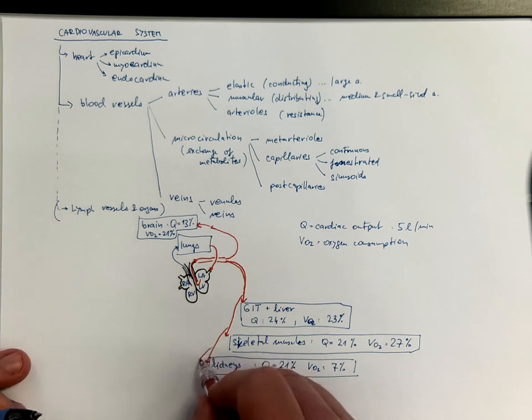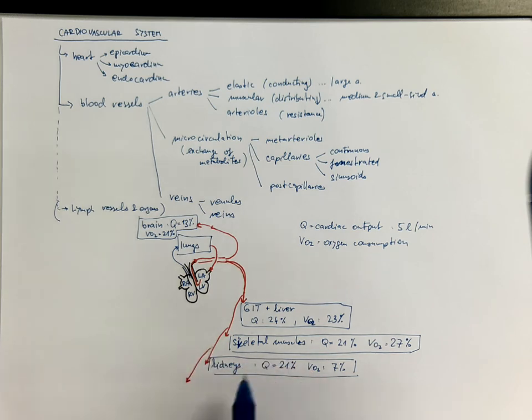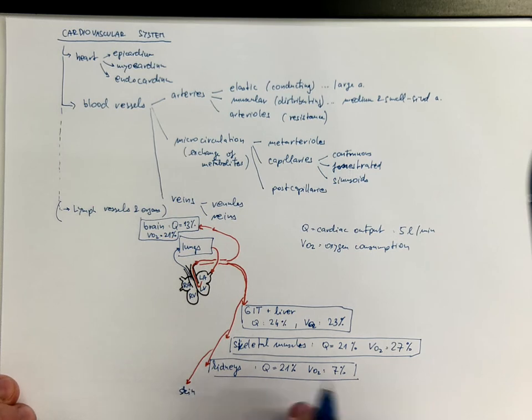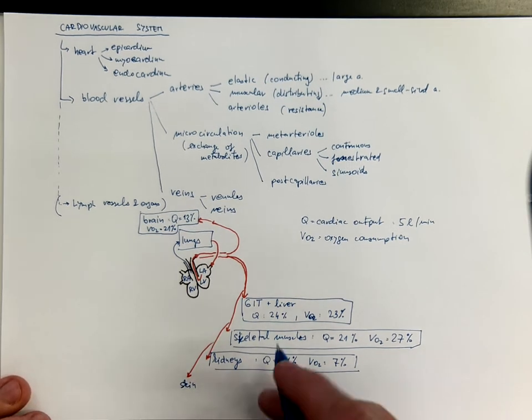And let's consider also the largest organ of the human body, which is the skin, plus other organs not mentioned in this list.